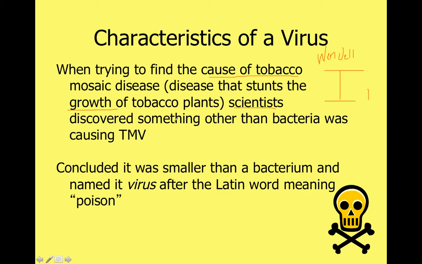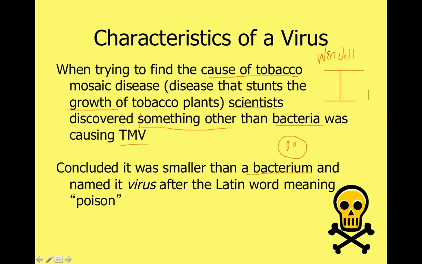They thought it was bacteria doing it, but they discovered something other than bacteria causing what they called TMV, tobacco mosaic disease. They didn't know what it was. Under a microscope, they saw little bacteria of a certain size, but then they saw something a little bit smaller than bacteria.